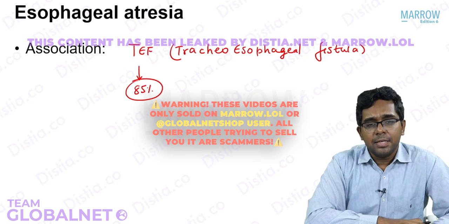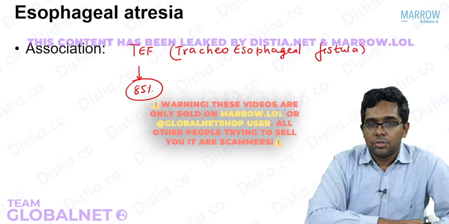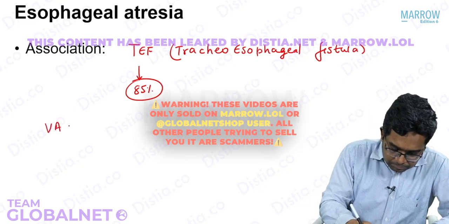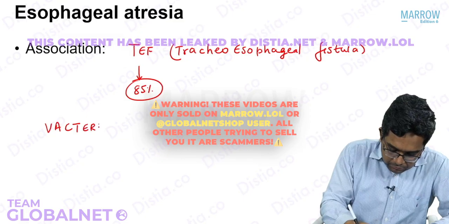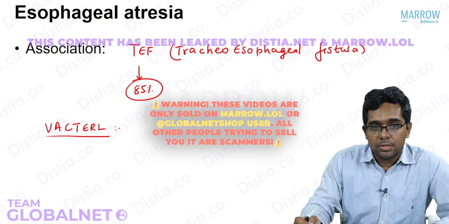The second important group of anomalies associated with atresia and fistula can be remembered as VACTERL association. This VACTERL is an expansion for a group of anomaly association. What is that?